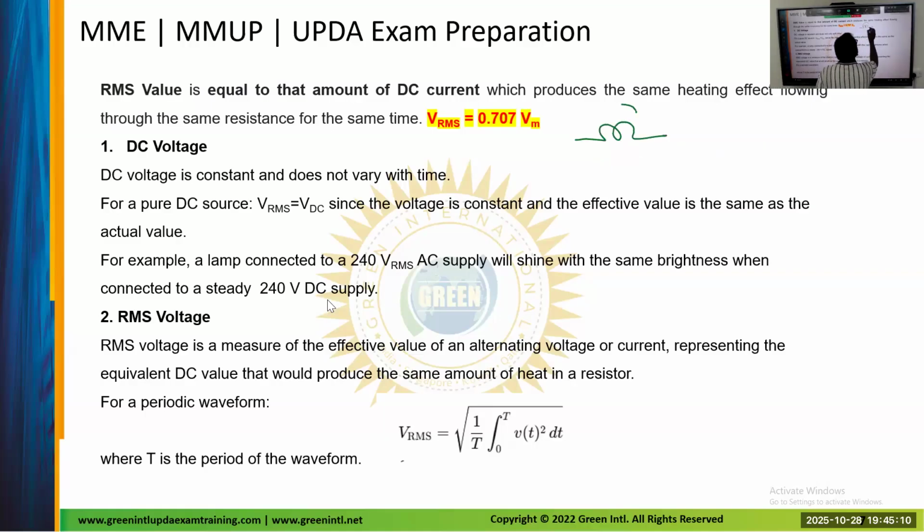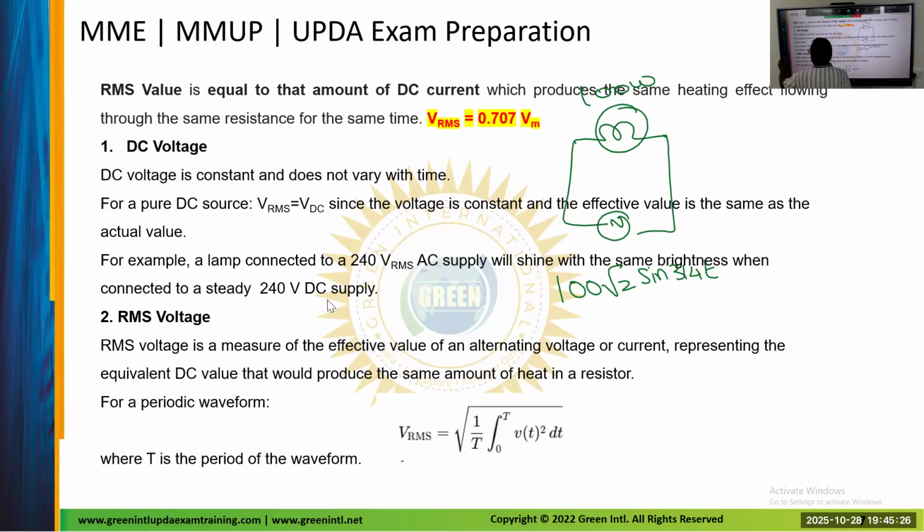A 100 watts lamp is connected with an AC supply. How much voltage do they give?